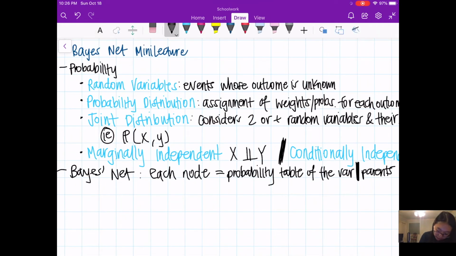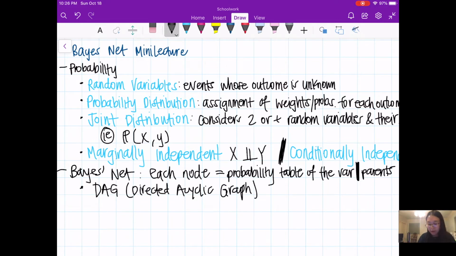In terms of putting the whole Bayes net together, it will essentially be a DAG, which is a directed acyclic graph. A directed graph has arrows instead of just lines, and there are no cycles in this graph. It's a directed acyclic graph of probability tables, like the one that each node represents.